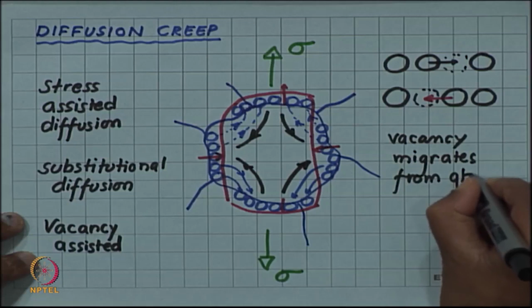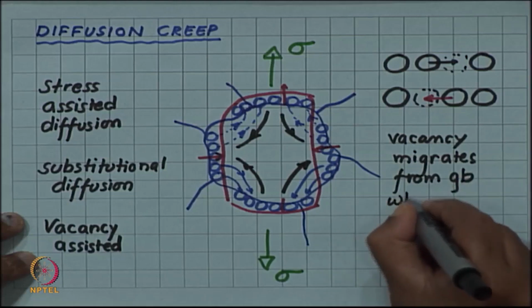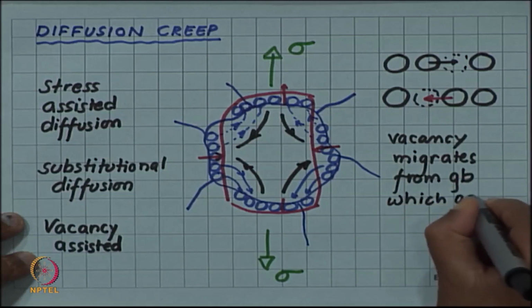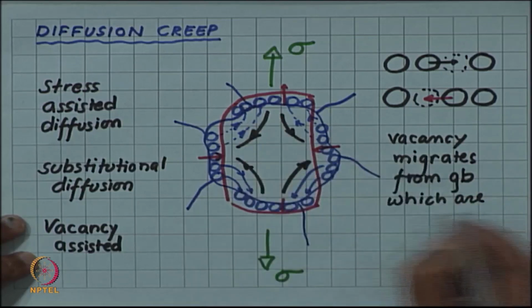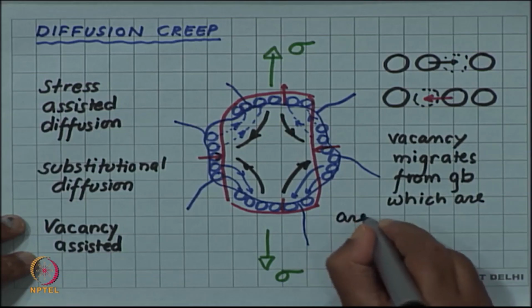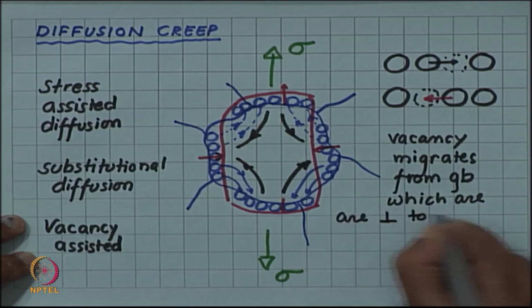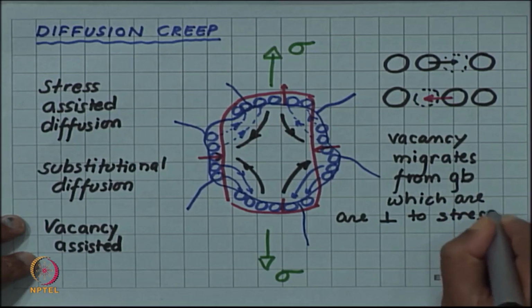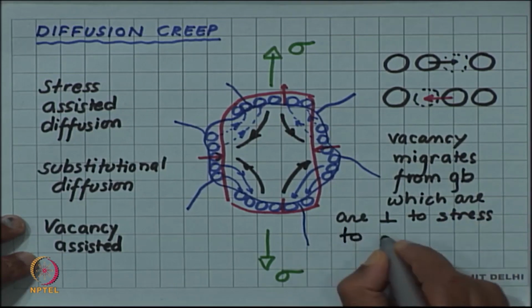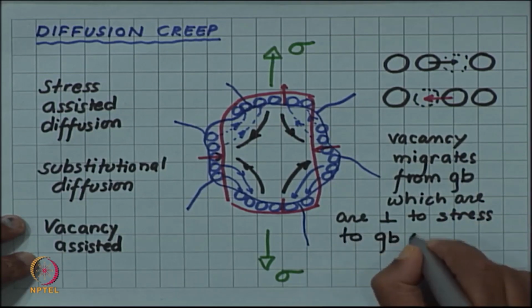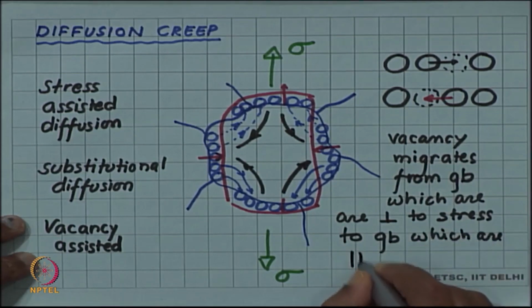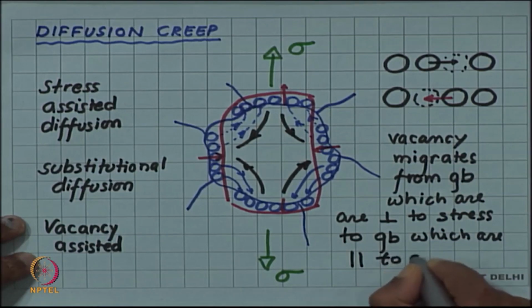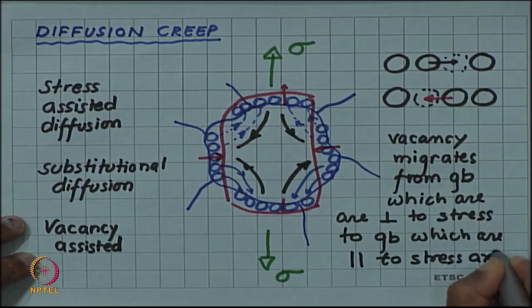grain boundaries which are, you can see, the grain boundaries which are perpendicular to stress, to two grain boundaries which are parallel to the stress axis.